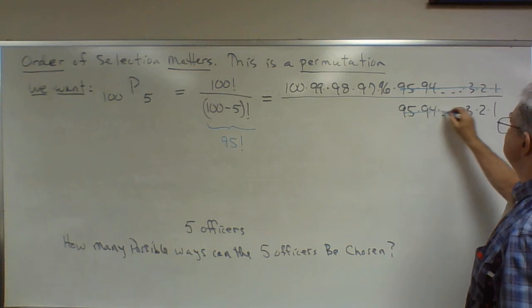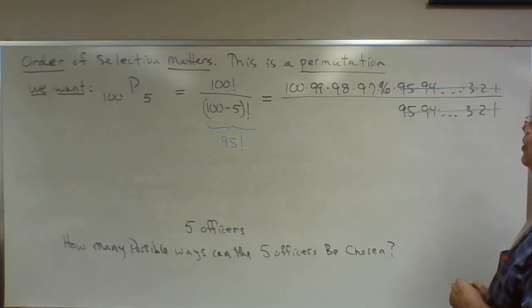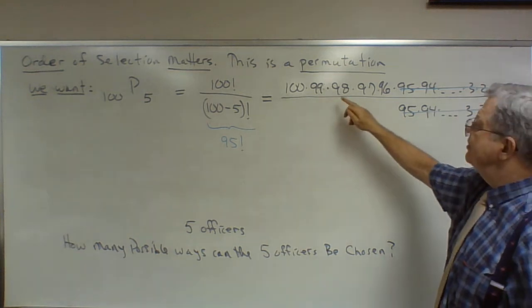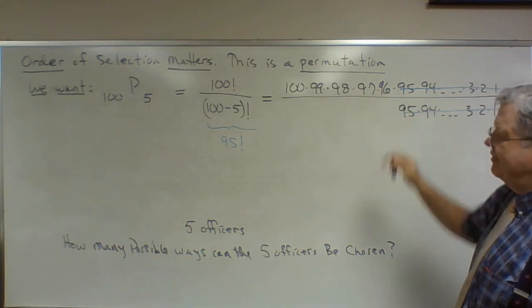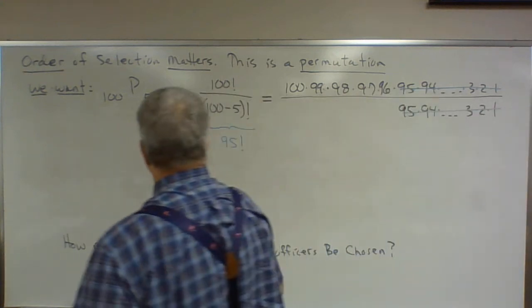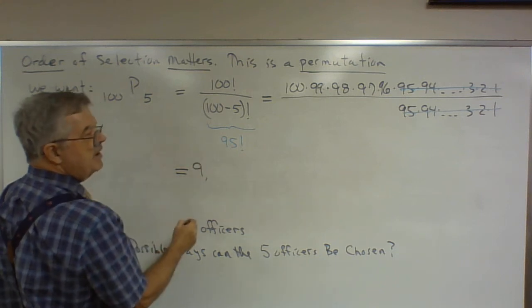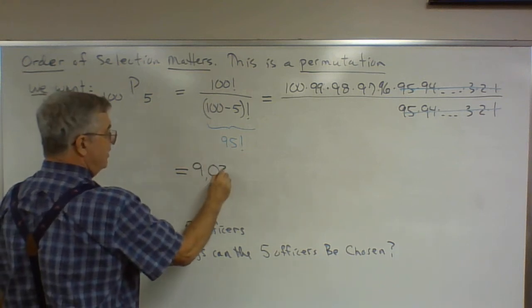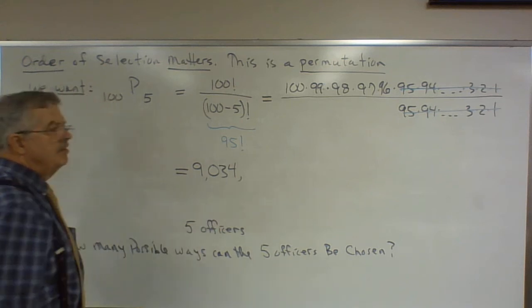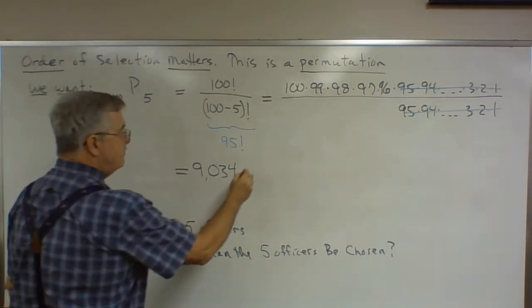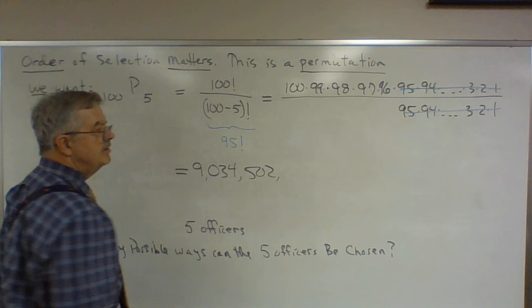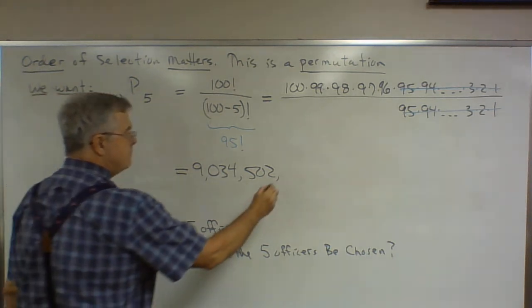And this cancels with this. What we're left with is 100 times 99, 98, 97, 96. And that gives us 9,034,502,400.